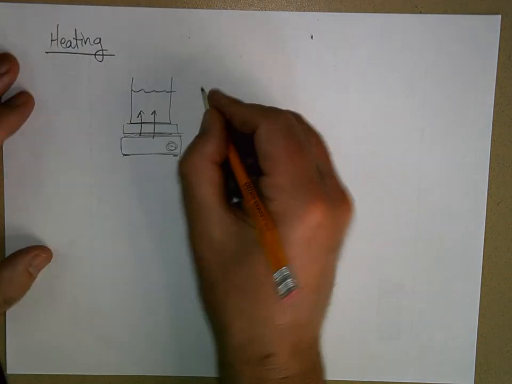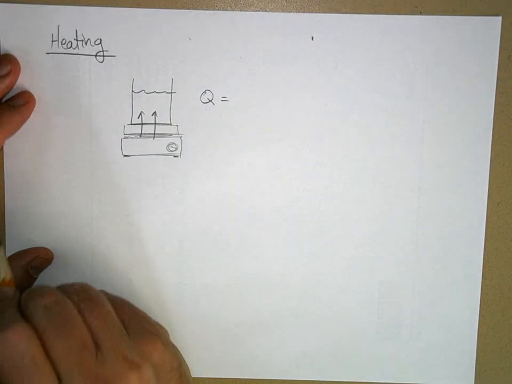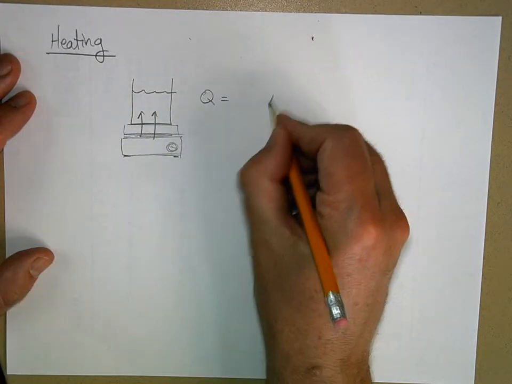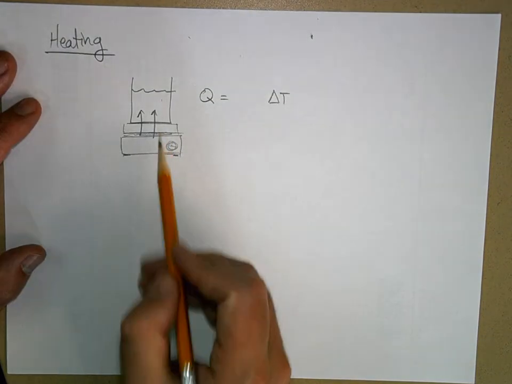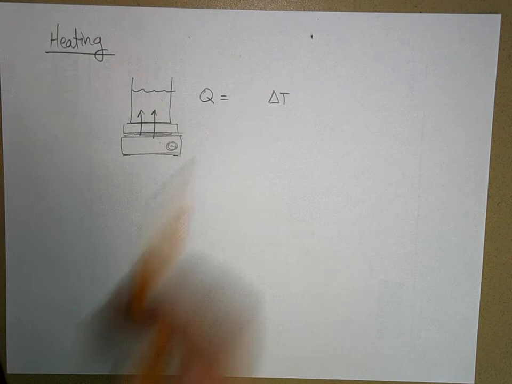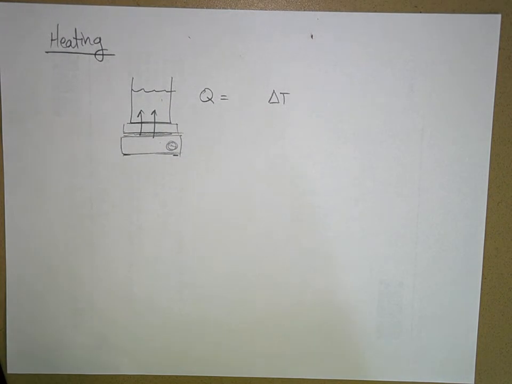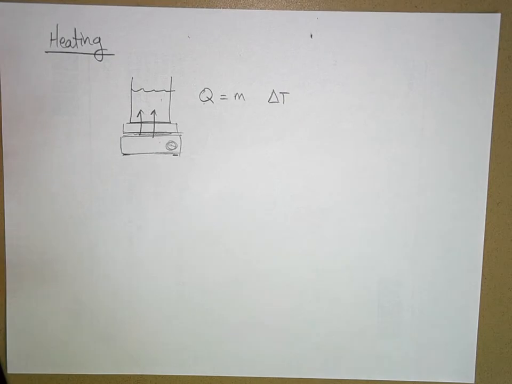And so the amount of heat that I add will cause this temperature to increase. So that is a change in temperature. Now the amount of temperature change also depends on how much mass I have. If I have twice as much water, to raise the temperature, I have to put in twice as much heat. So the amount of heat I need is directly proportional to the mass.